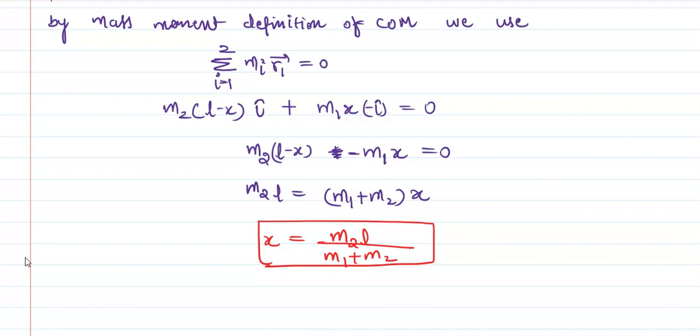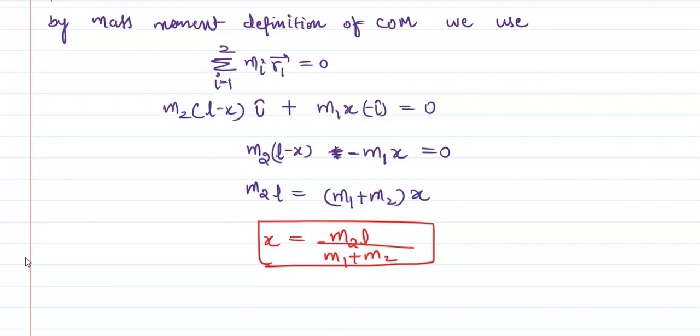So we can develop a short thing to remember this formula, which is: x is the position measured from m1, so it will be mass of other object multiplied by total distance divided by the sum of all the masses. x is the distance measured from m1, so x will be equal to mass of other object other than m1 multiplied by total distance between them divided by the total sum of masses.